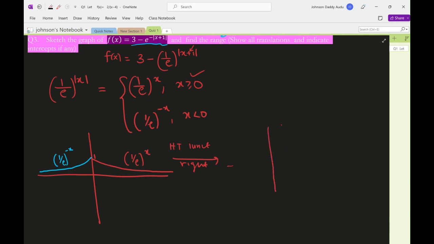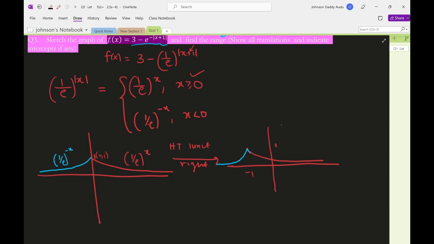Instead here, you can see here is 0, 1. We'll just move everything right 1 here. And this is just going to be minus 1 and 1. And our horizontal asymptote will not change. So we have something like this.